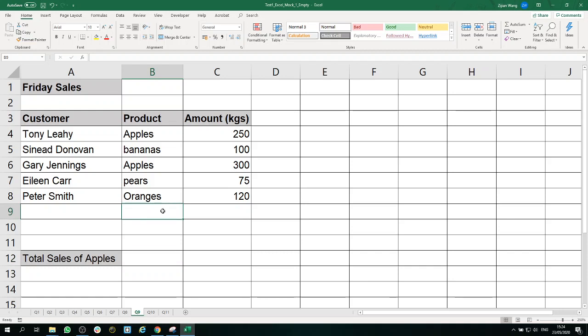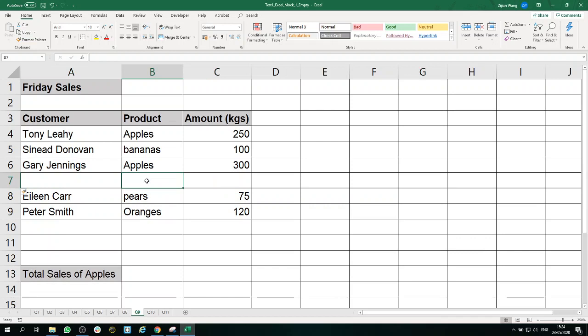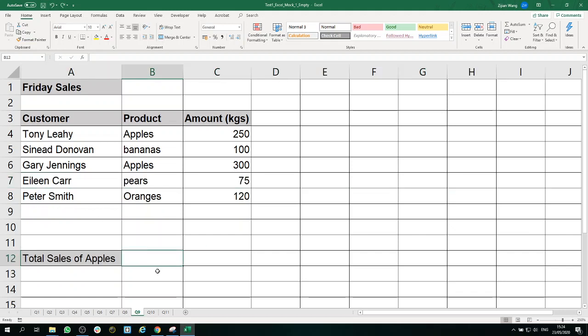In any case, if we have one extra transaction, for example here, and still that the product sold is apples, this formula should also work, and the amount of apples should just automatically update. So in this case, we know we need to have a total, and we know there is a condition that the sales must be about Apple, so we use the SUMIF function.